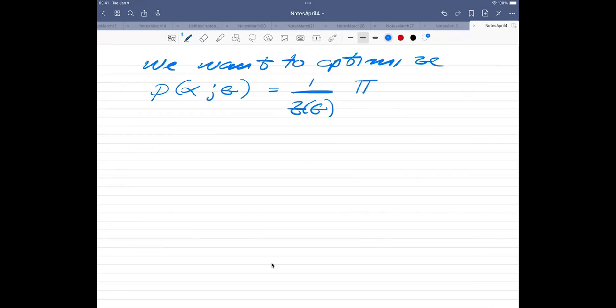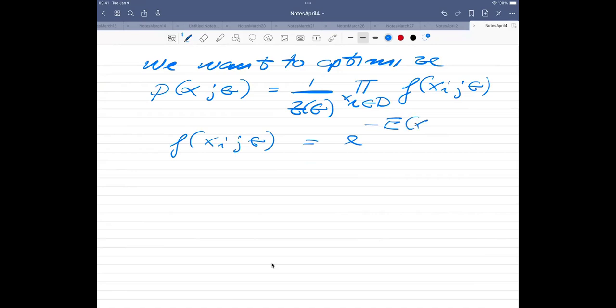And this is now given by some sum over x_i, element in the domain of events where x lives. And then it's a function f of x_i, where this f of x_i is typically now, in our case, given by e to the minus E of some x_i of theta, divided by, actually it's only given by that function there.